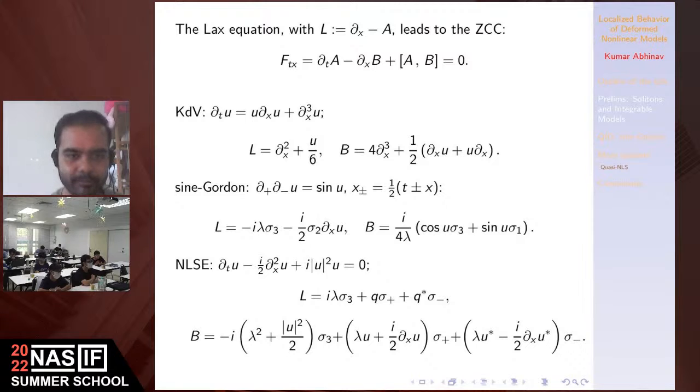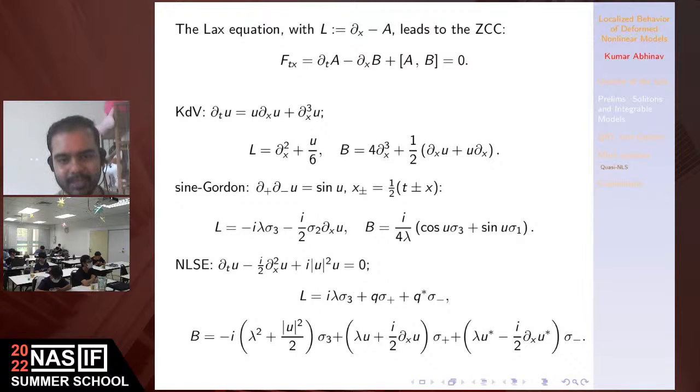So for example, I'm listing out different systems and I will go into them individually. Like the KdV system, it's a famous equation, a third order differential equation. So the Lax pair is given like this, L and B. Then there is the sine-Gordon system, which we will explain in detail. So there is del plus and del minus of u.